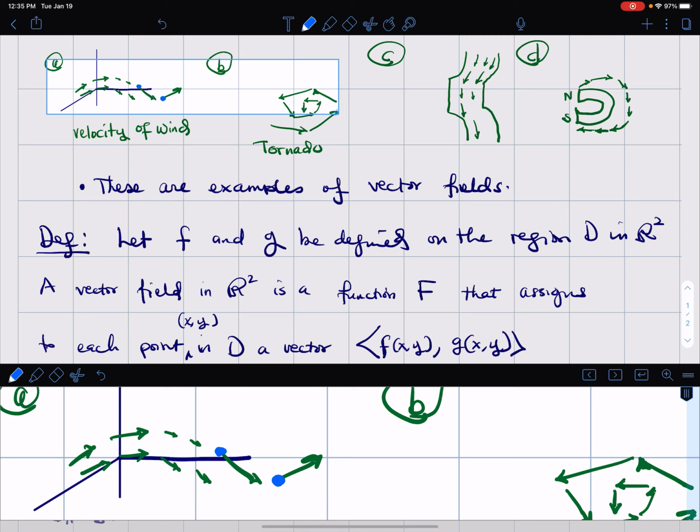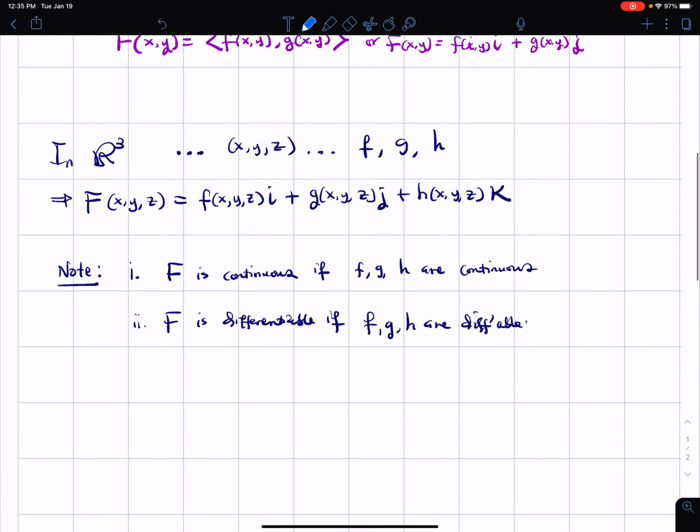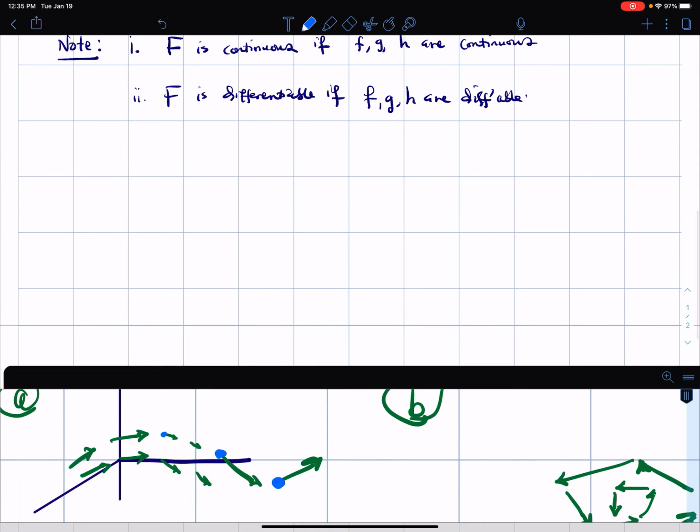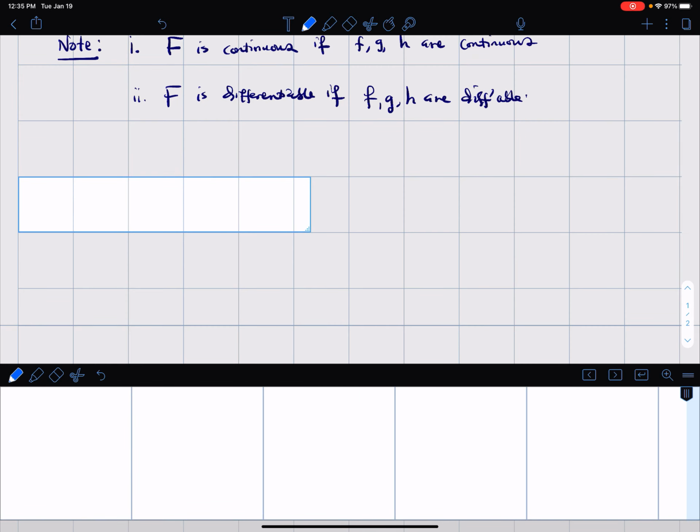However, if it's here, the function gives you a vector that goes downwards. Maybe if you're there, it gives you a short vector and so forth. So let's do a few examples of this.